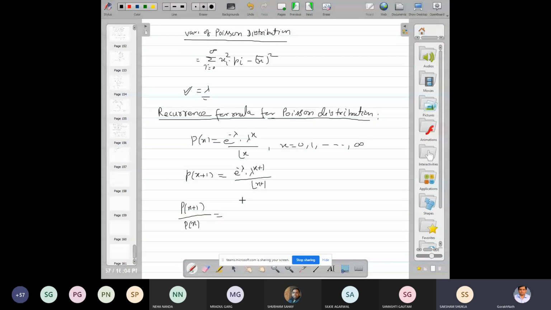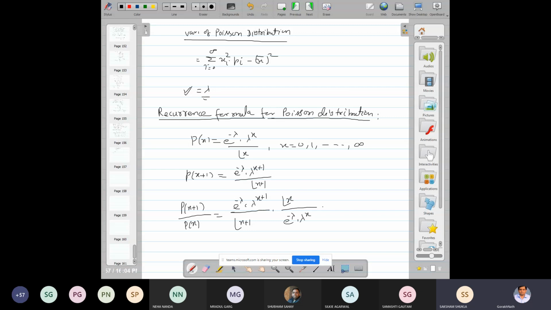So this becomes e to power minus lambda, lambda to power x plus 1 upon factorial x plus 1, into the reverse, factorial x upon e to power minus lambda, lambda to power x.